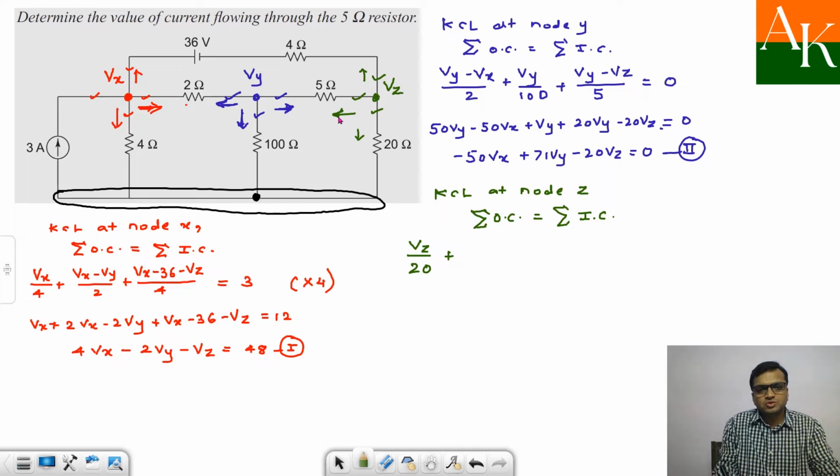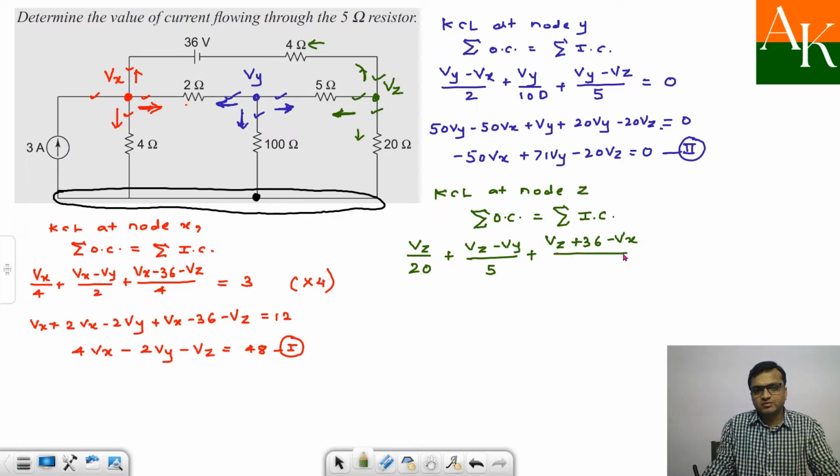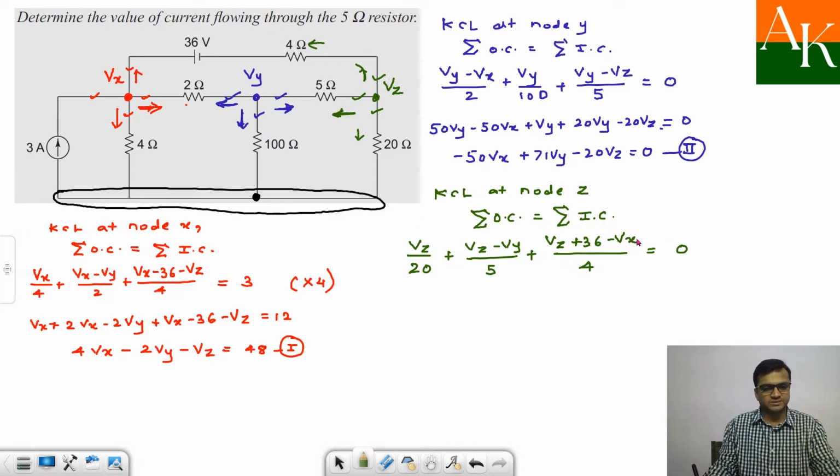The leftward current through 5 ohm is (Vz minus Vy) divided by 5, and current through this 4 ohm can be written as (Vz plus 36 minus Vx) divided by 4, and there is no incoming current, so is equal to 0. You can say 3 branches are connected, so 3 terms are over here and 0 is over here.